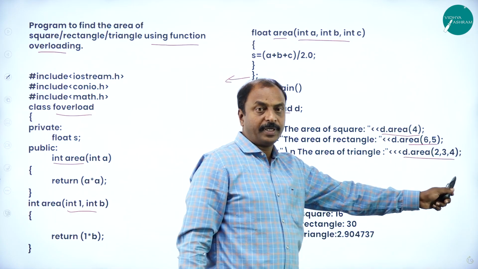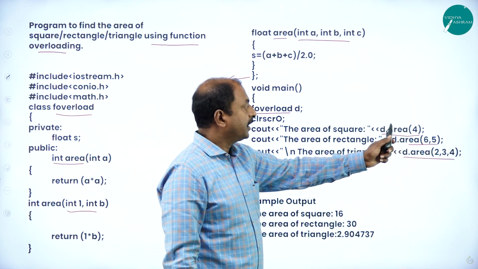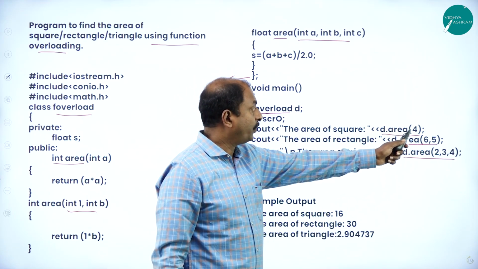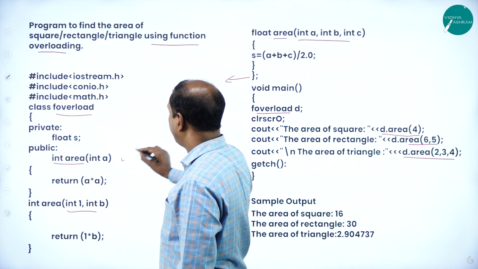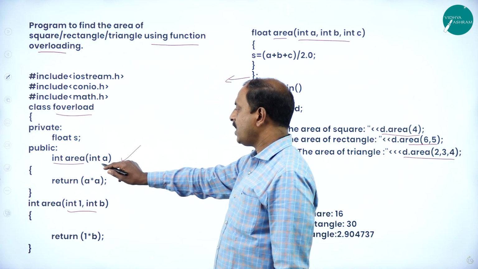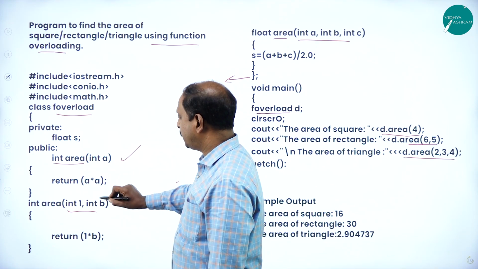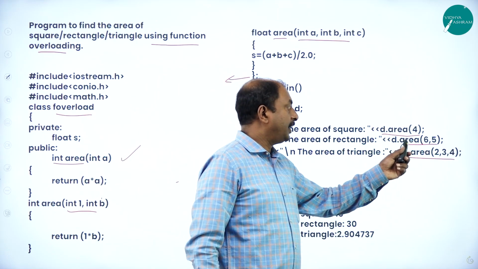So here if you observe this, the names of the functions are the same, it is area, and all these differ in their arguments. So accordingly, whenever the compiler executes these statements, the control transfers from here to the area function with one parameter. So it executes this statement. Then it comes to the next statement, that is area.